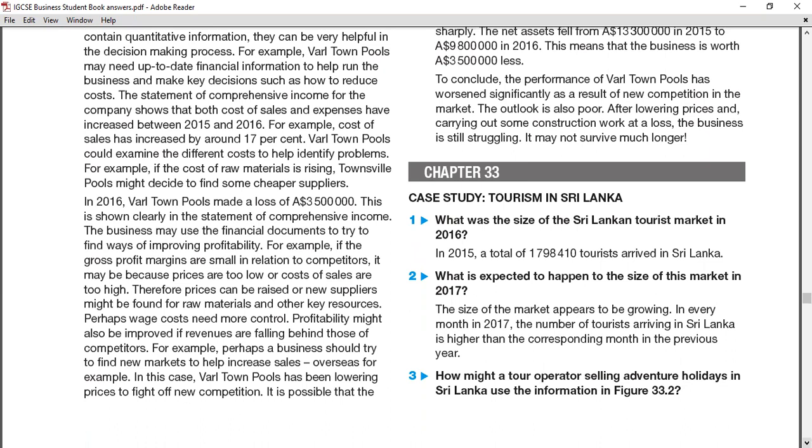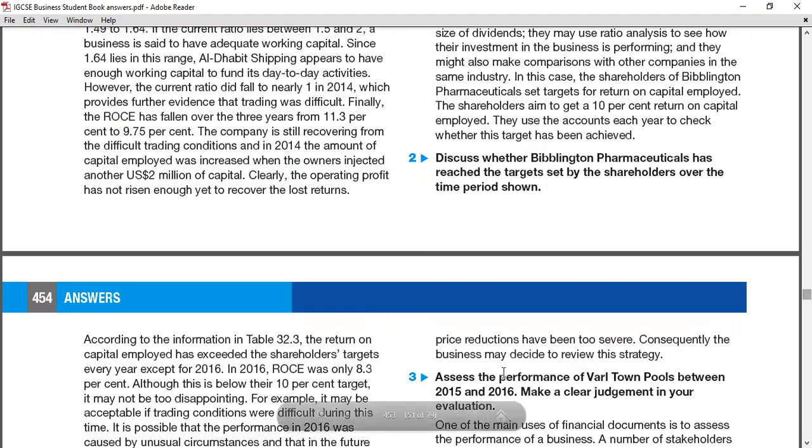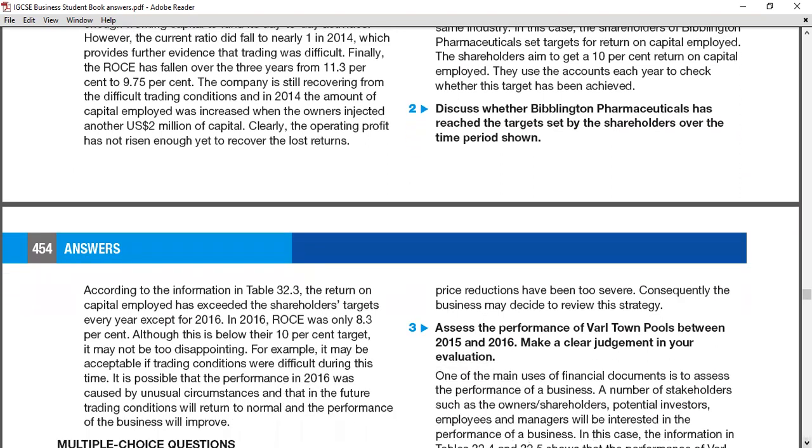Profitability might also be improved if revenues are falling behind those of competitors. For example, perhaps a business should try to find new markets to help increase sales, overseas, for example. In this case, Varl Town Pools has been lowering prices to fight off new competition. It is possible that the price reductions have been too severe. Consequently, the business may decide to review this strategy.